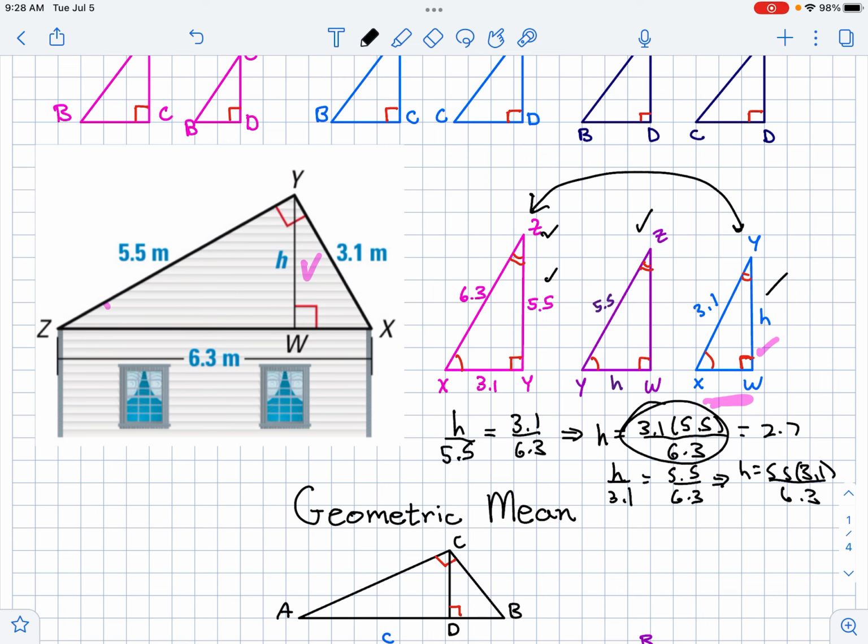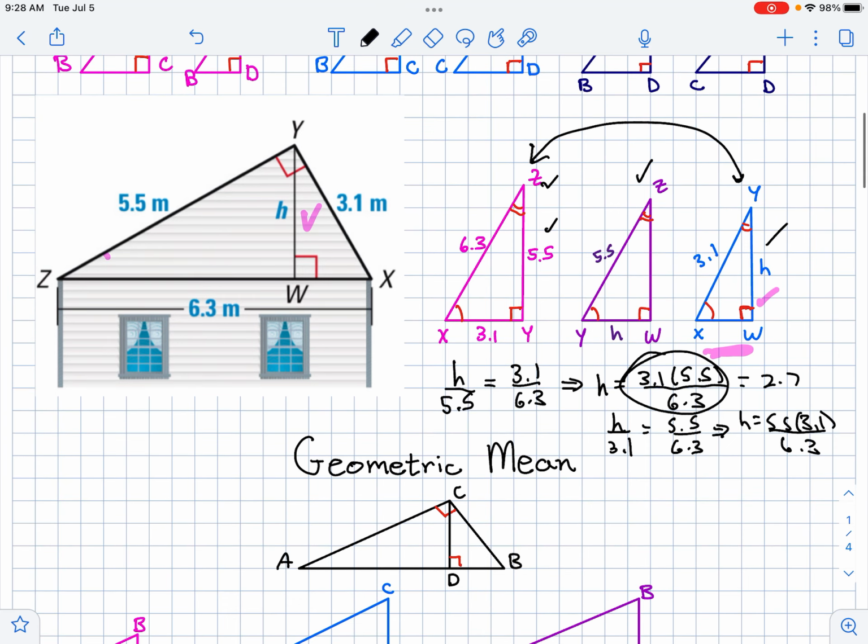The challenging part of this is just determining which sides correspond to which sides, so you can set up your ratios or your proportions. Now, the key to that is to be cognizant of the angles. Notice my angle Z and my angle Z, they match up. So that's how I oriented my triangle here. The last one wasn't so hard.